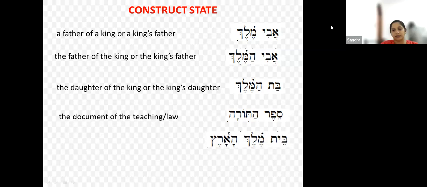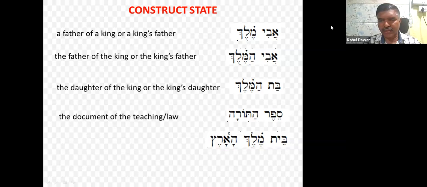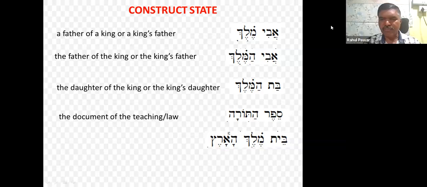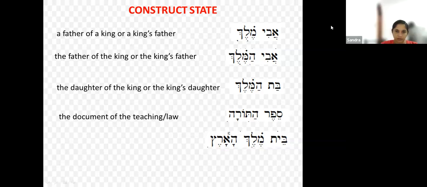Beth Melech Haaretz. Beth means house, of the king, of the land. Haaretz is land.